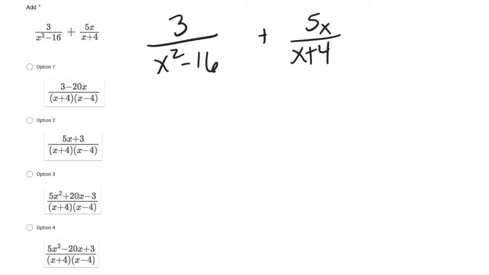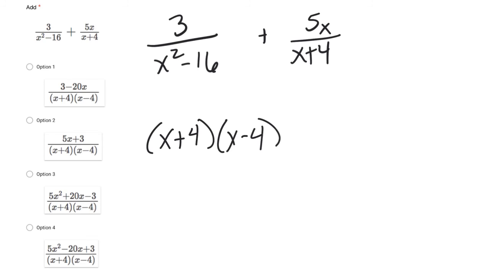Okay, so I rewrote this so we can work on it a little bit. First thing we've got to work on is this denominator, putting it in factored form. Again, since it's the difference of squares, all I have to do is take the square root of 16, which is 4, and now I'll rewrite it as x plus 4 times x minus 4. It's going to be like that every time you have a difference of squares.